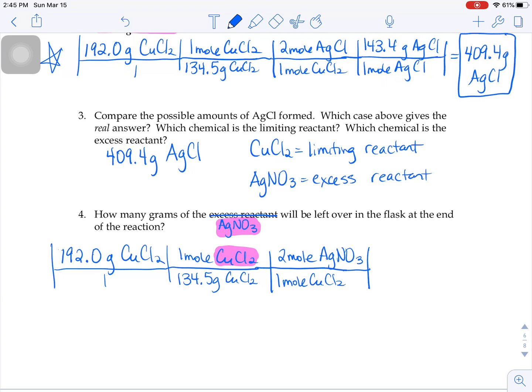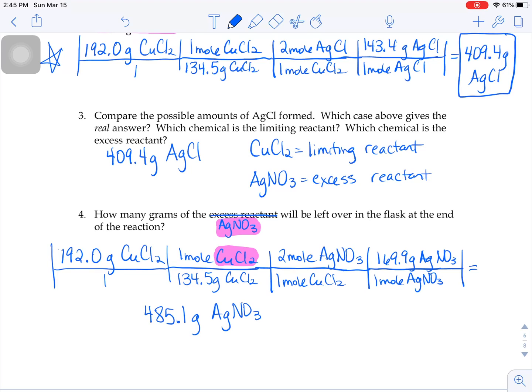And it wants grams of silver nitrate, so I need to take that one extra step and go from moles to grams using the molar mass of silver nitrate. With a little bit of calculator work, you'll get an answer of 485.1 grams of silver nitrate.